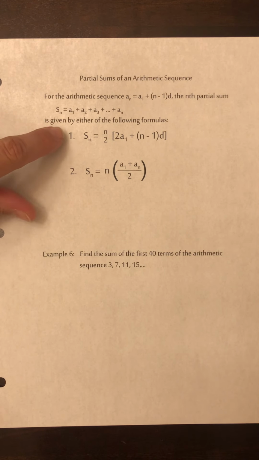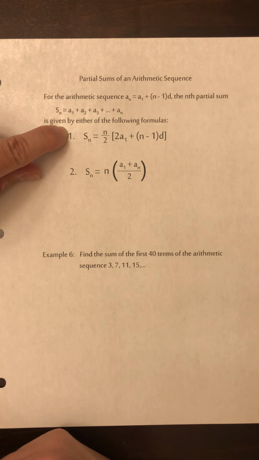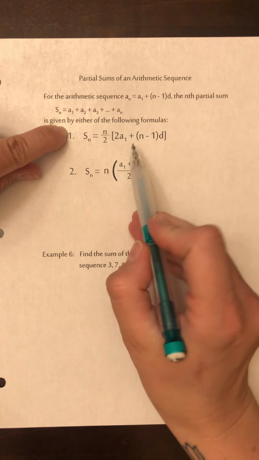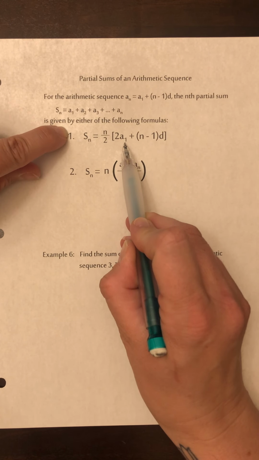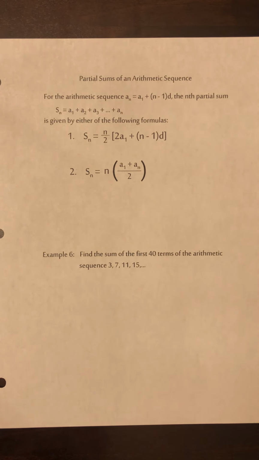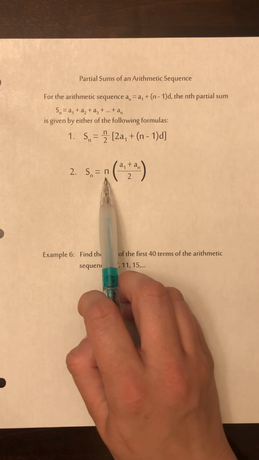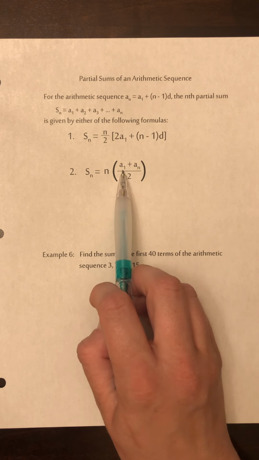So for this particular one, if you're going to use this formula, obviously you need to know what n is. You also need to know what the first term is, and you need to know what the common difference is. The other formula, you need to know what n is. You need to know the first term.